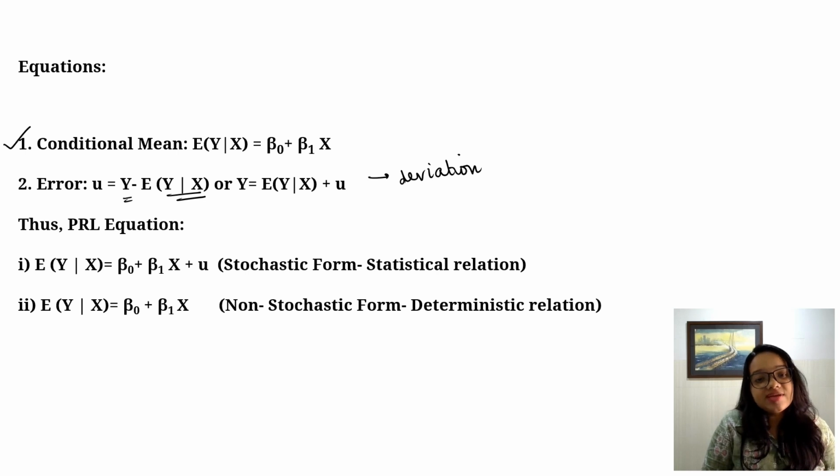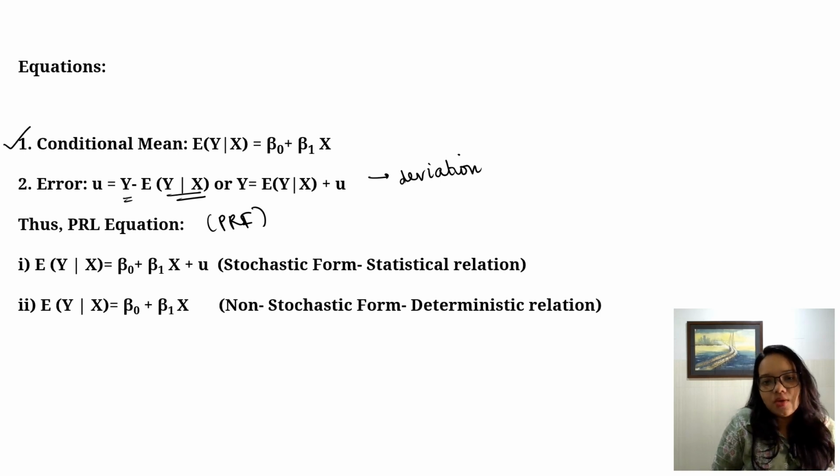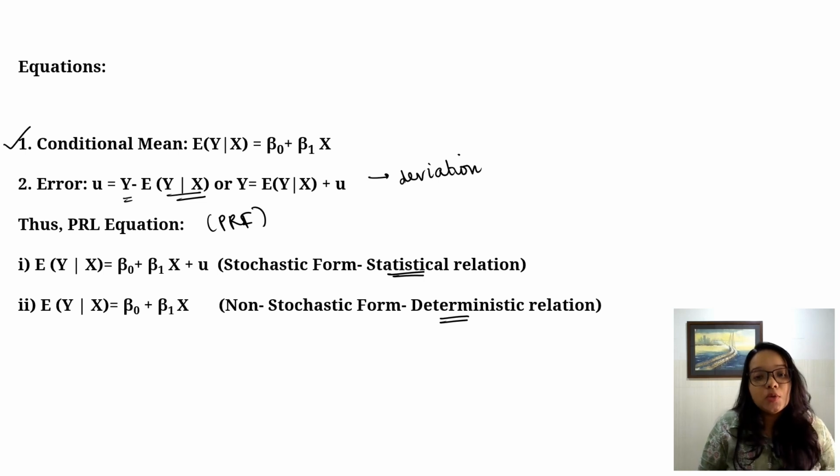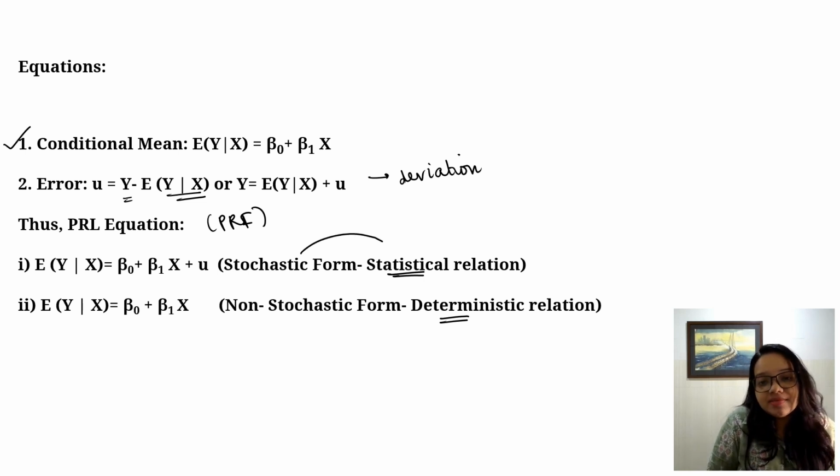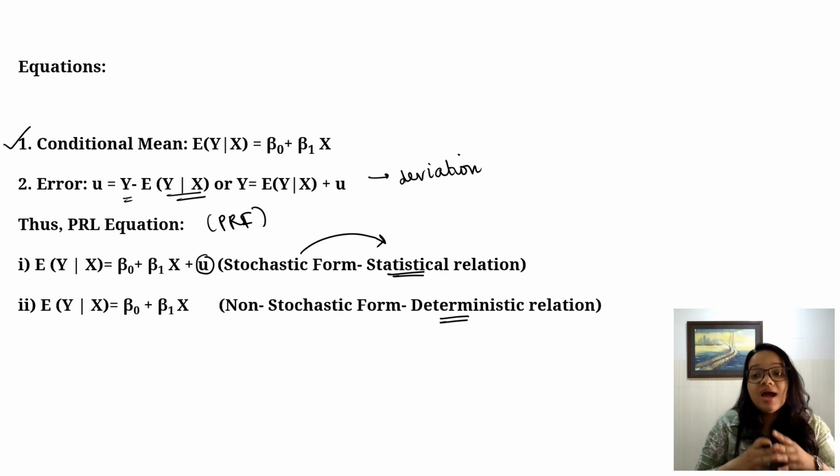So the population regression line equation or population regression function are of two types. One is of statistical type and one is of the deterministic type. And we know that when you have randomness or stochastic term in your equation, that's statistical relationship because you're also including uncertain or random factors.